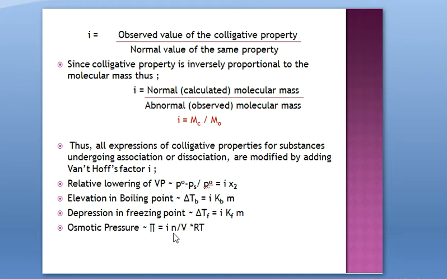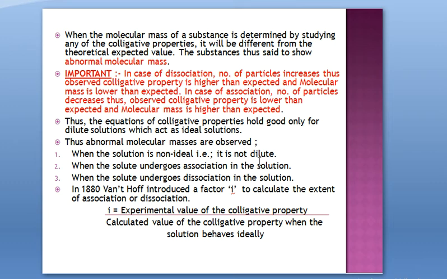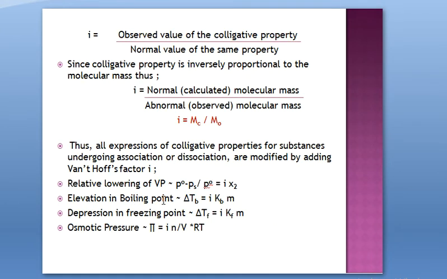These modified expressions, we have added i in all of them. Modified expressions of colligative properties are applicable to non-ideal solutions, solutions in which the solute undergoes dissociation or association. The expressions you studied earlier are applicable to only and only ideal solutions.